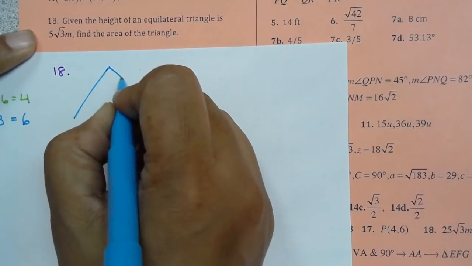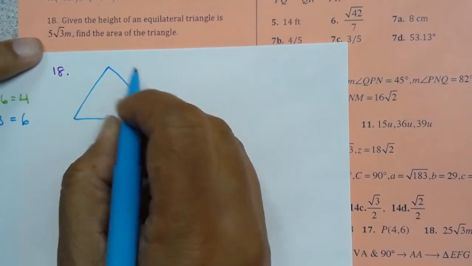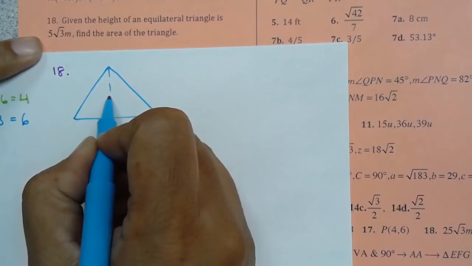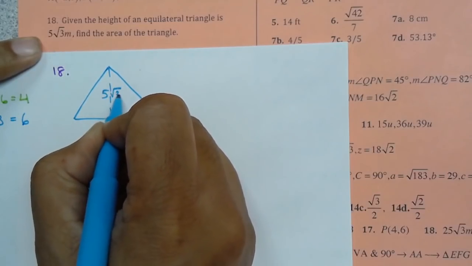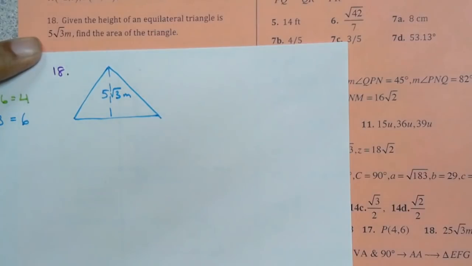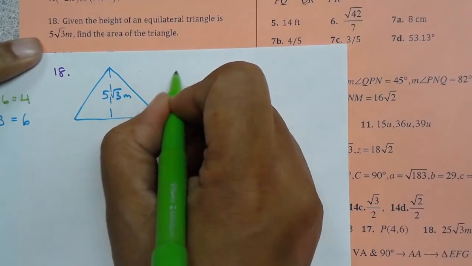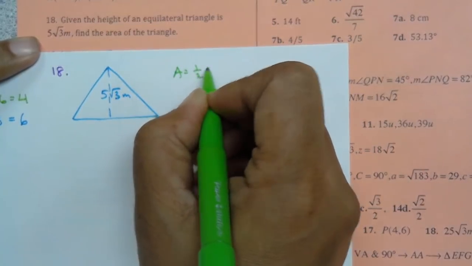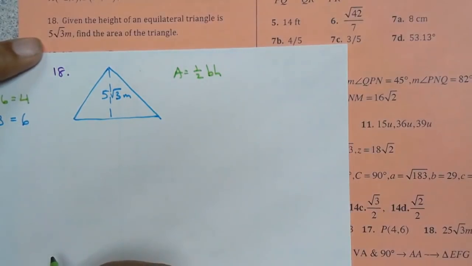So if I have my triangle right here that's equilateral, all sides are equal, and I know my height is 5√3 meters, and I have to find the actual area. The area formula for a triangle is 1/2 base times height. All right, so I already have the height.